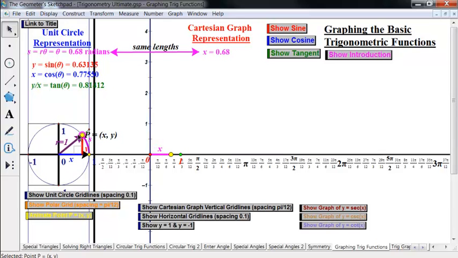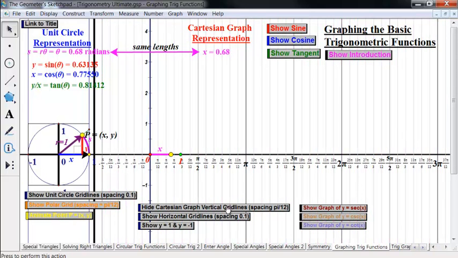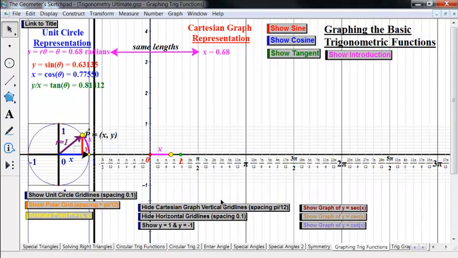Now, I didn't show you this last time, but I can actually put some grid lines on this. If I want, I can put vertical grid lines like this, and then horizontal grid lines like this. The vertical lines on the grid over here are every pi over 2, so that lines up with the horizontal axis.